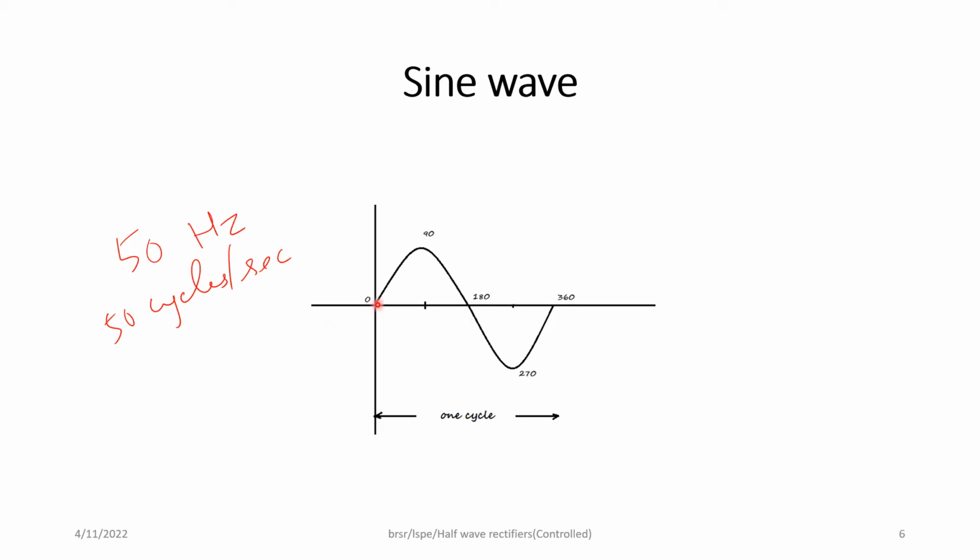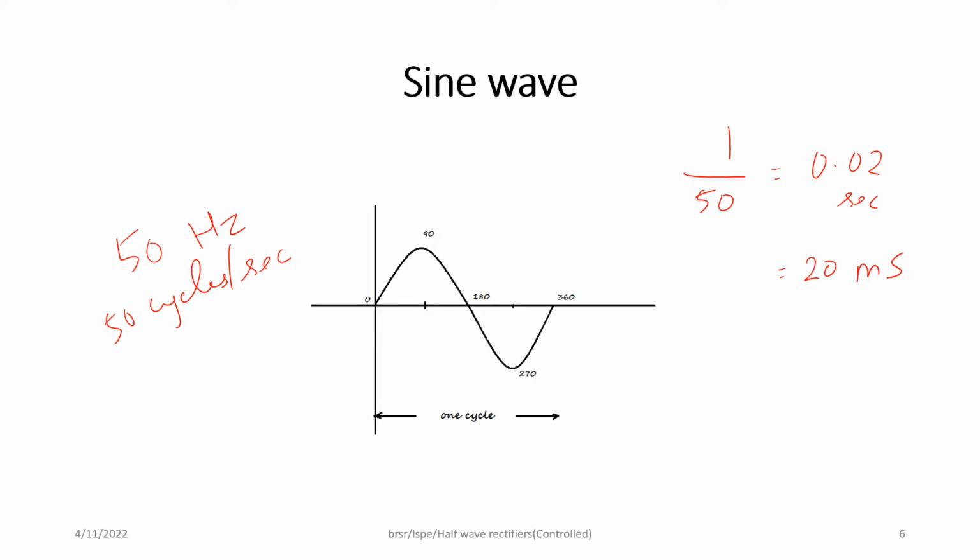Now, let us find out the time taken for one cycle. The time taken for one cycle will be 1 by 50, which is 0.02 seconds, or in simple terms 20 milliseconds.